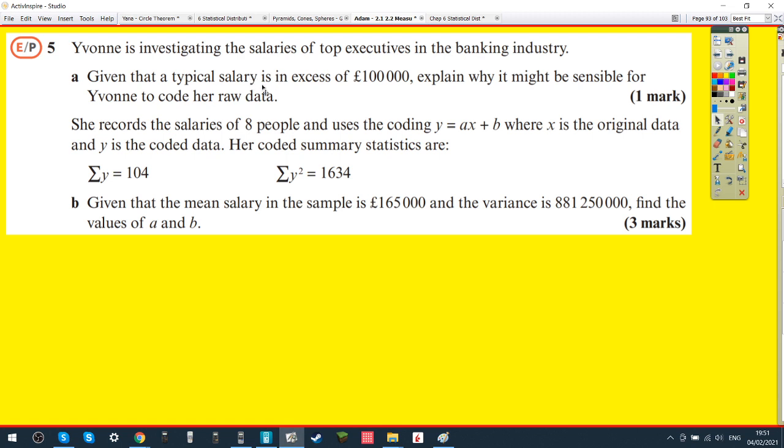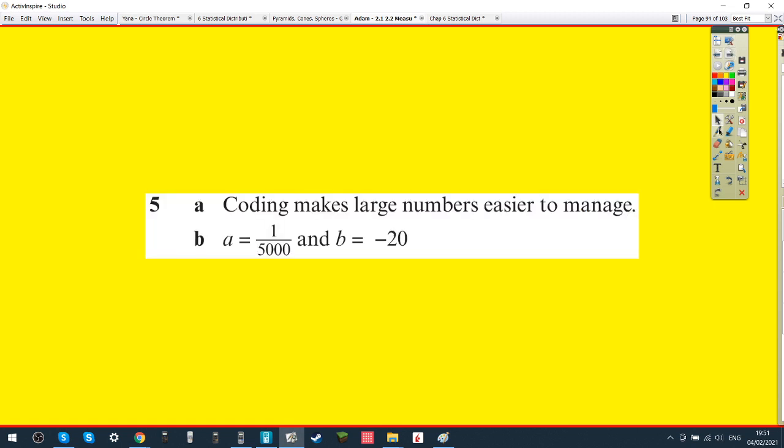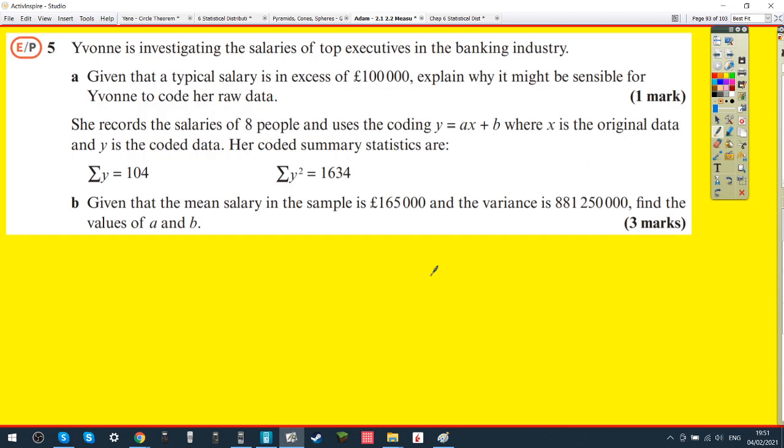To make it more compact? It's just easier to work with. Coding makes large numbers easier to manage. She records the salaries of 8 people and uses this coding. Given that the mean is this and the variance is that, find the values of A and B.